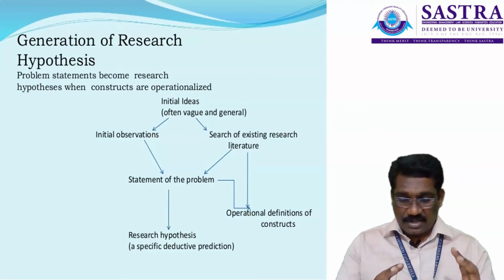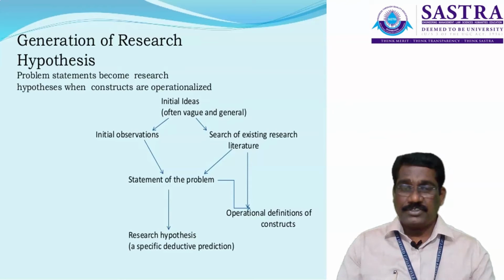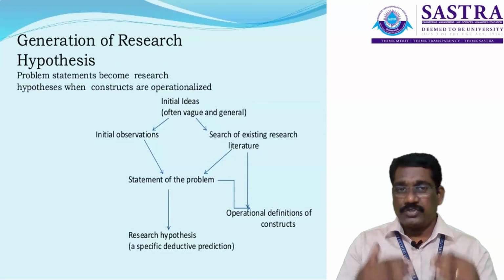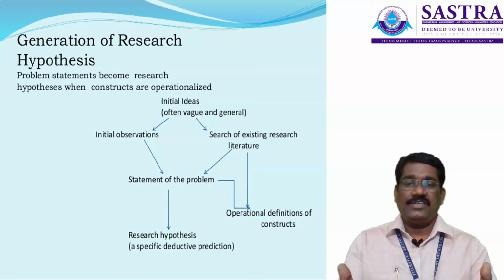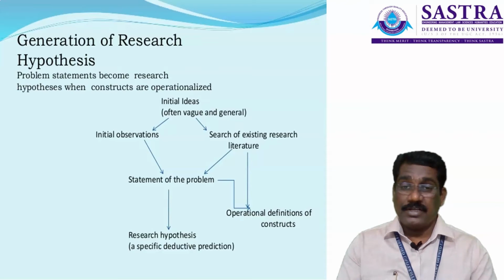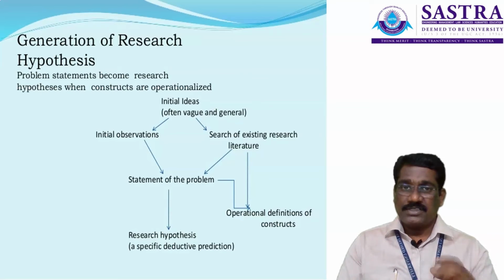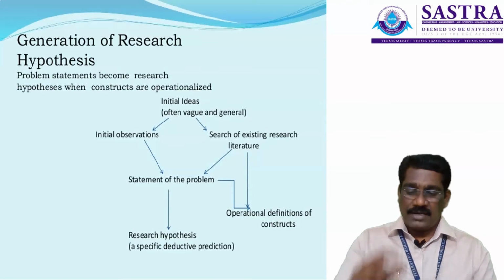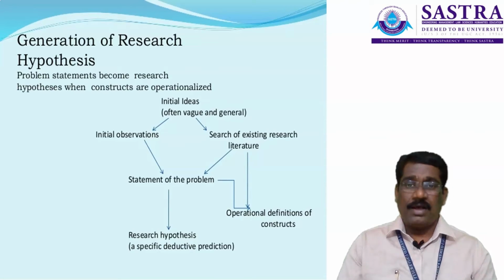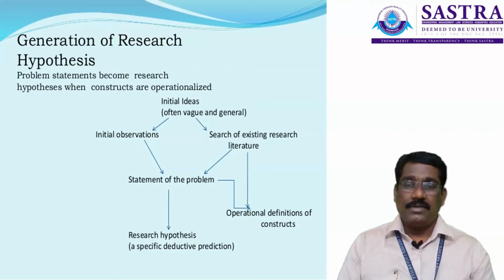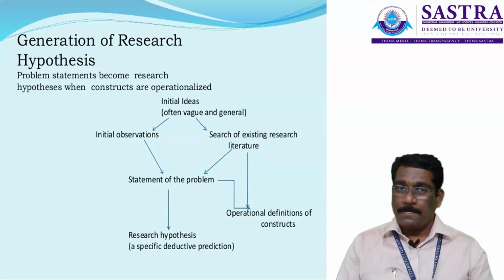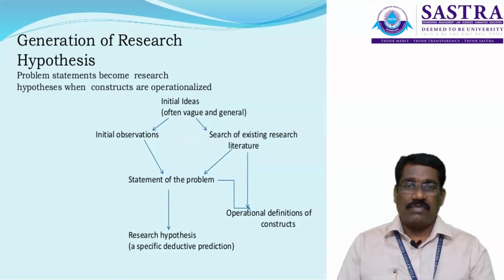I already said a construct comprises many factors, the dimensions, and also variables associated with each factor. As I said, in the case of this construct of service quality, there is one factor called convenience. Suppose we are trying to administer this questionnaire, this construct, to banking. Under the dimension of convenience, we may put variables such as whether the bank is open on Saturday and Sunday also, and what about the working hours, long working hours.